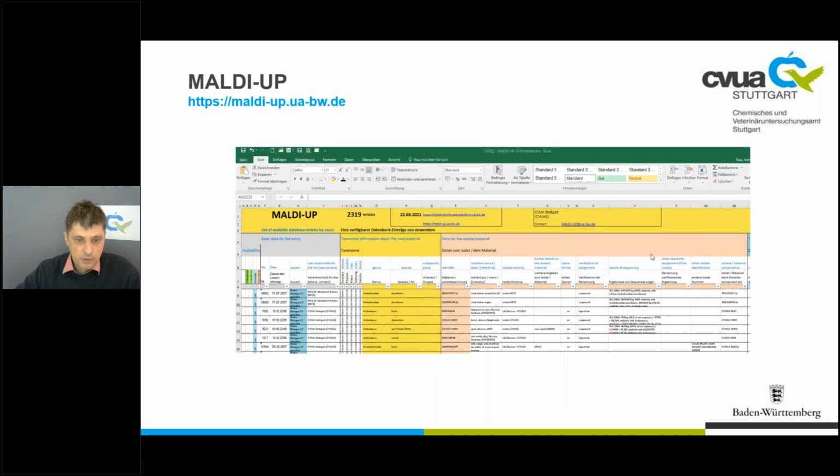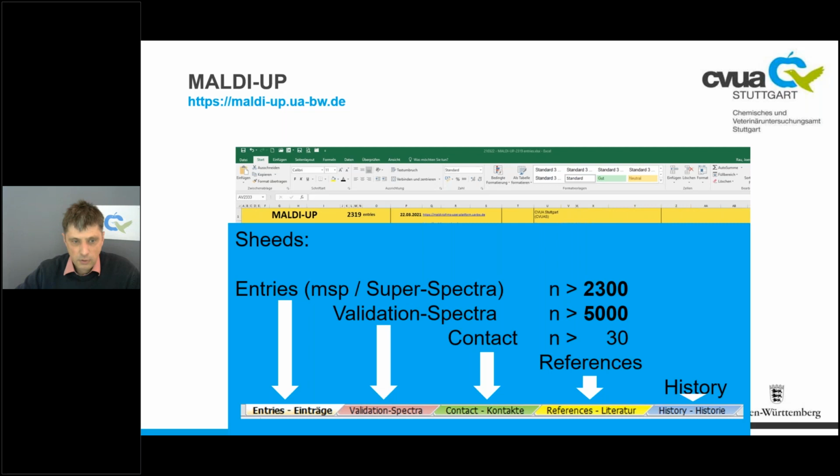In MALDI-UP, you find an Excel file for download, and in several sheets it delivers basic information for now more than 2,300 reference spectra and more than 5,000 validation spectra.